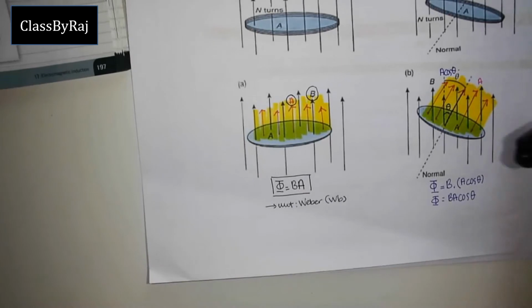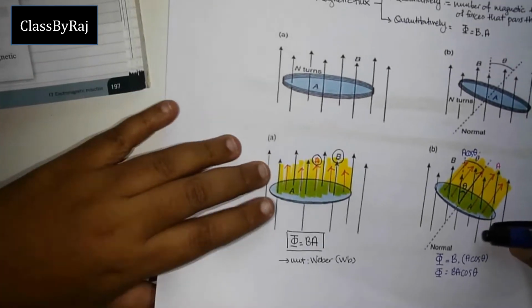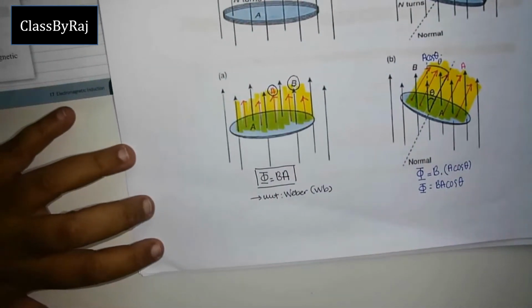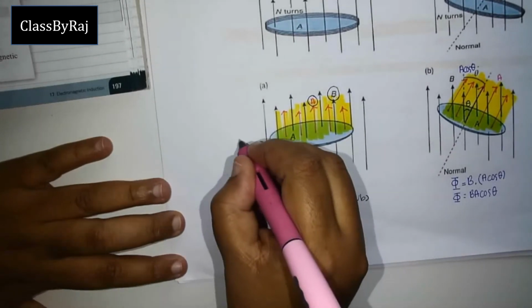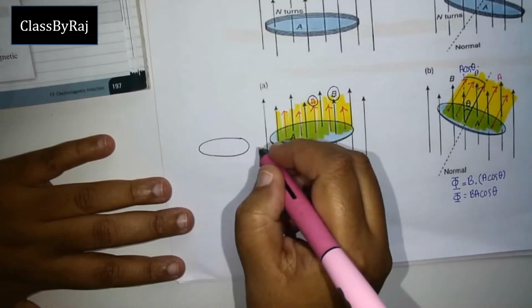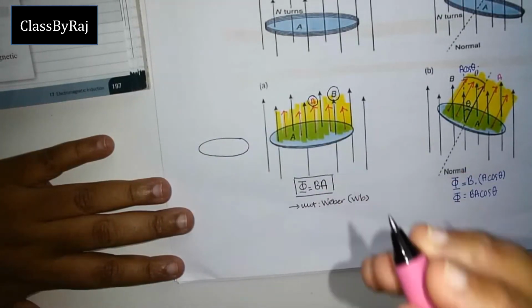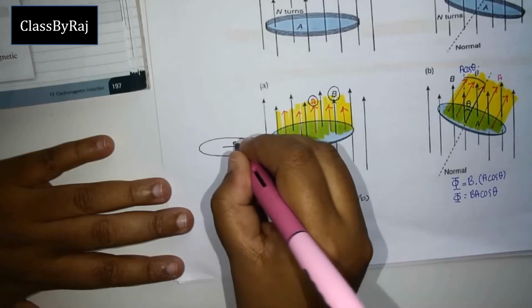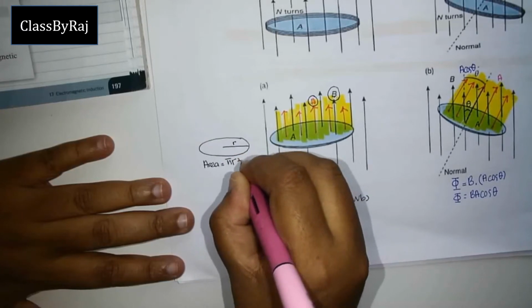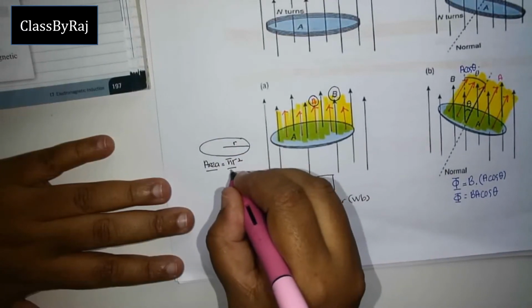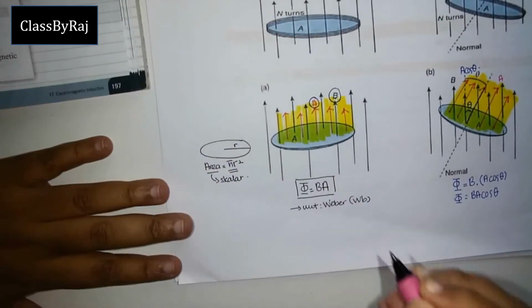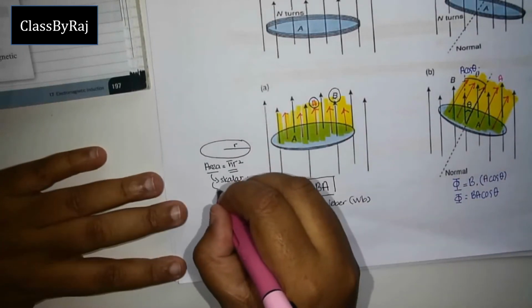For example, if you are supposed to find the area of this surface, this is the radius, so the area will be pi r square. When you talk about area as pi r square, you're talking about area which is a scalar, where you only take note of its magnitude.